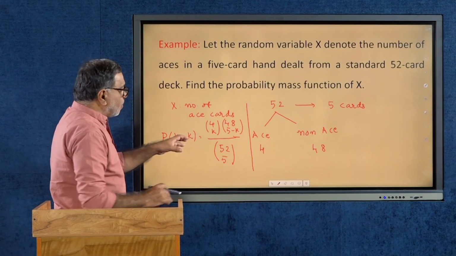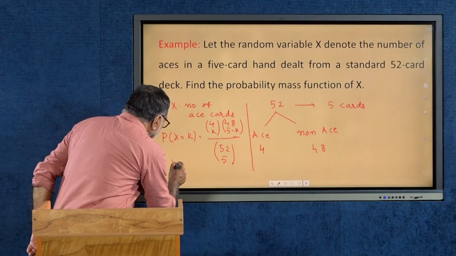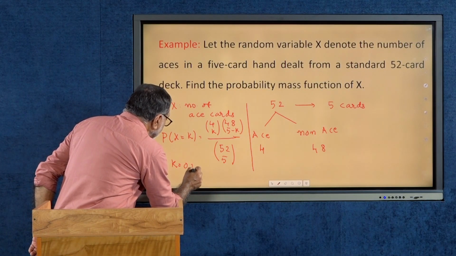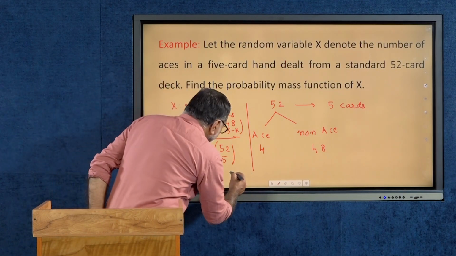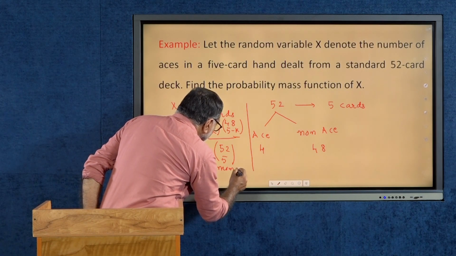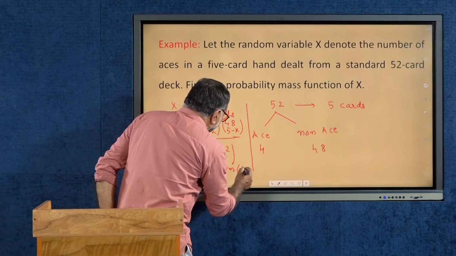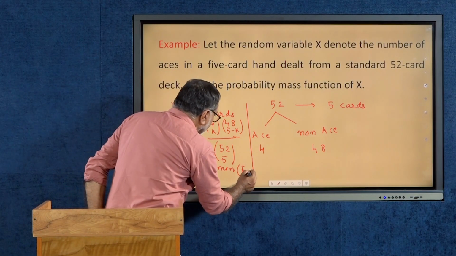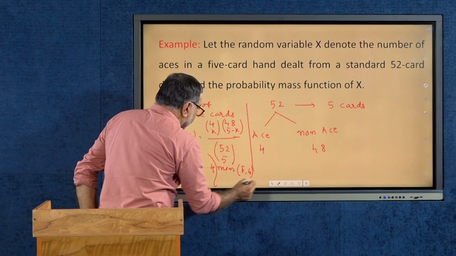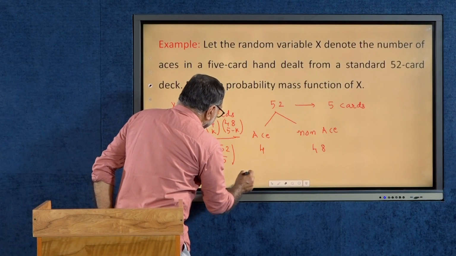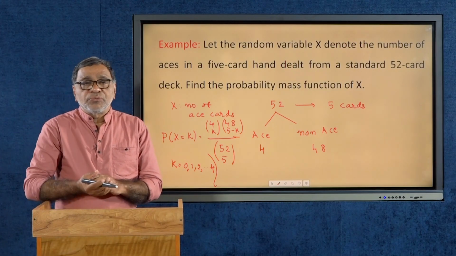So this is the probability of getting k ace cards. What are the possible values of k? It may be 0, 1 or 2, etc., up to where? The minimum of n, where n is the number of cards selected, 5, and the number of the first type, 4. So the minimum is 4. So k equals 0, 1, 2, 3, 4.